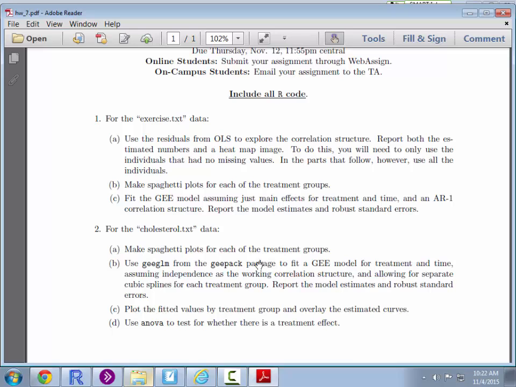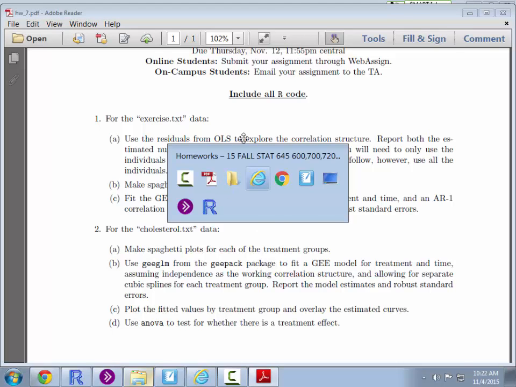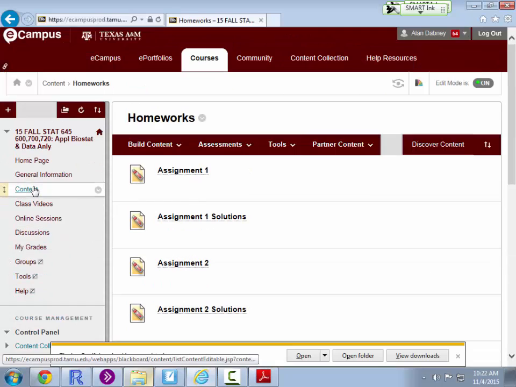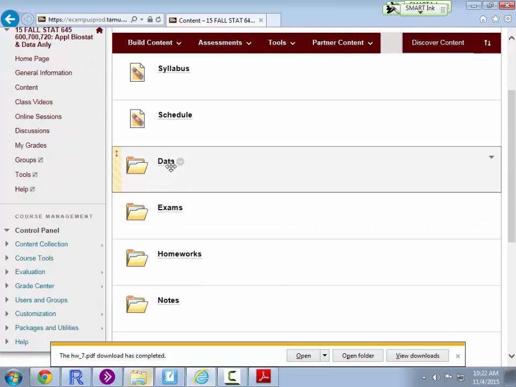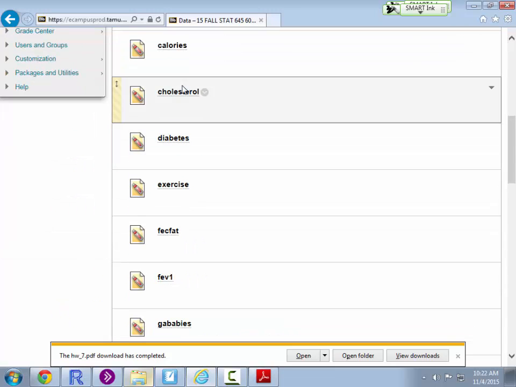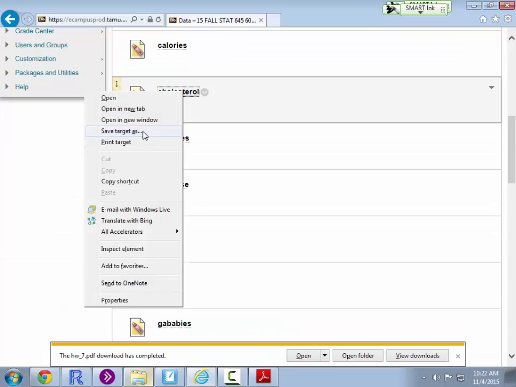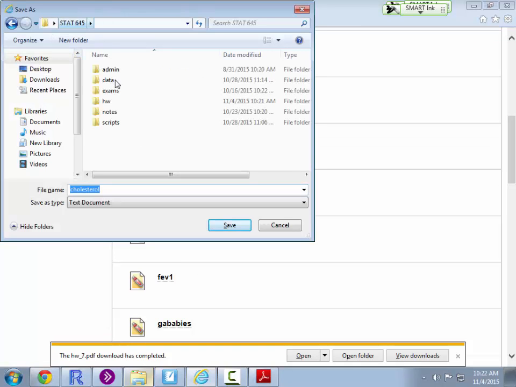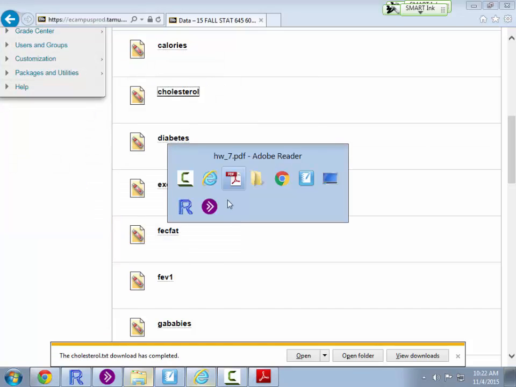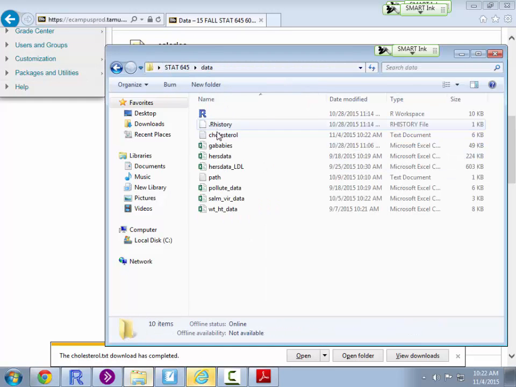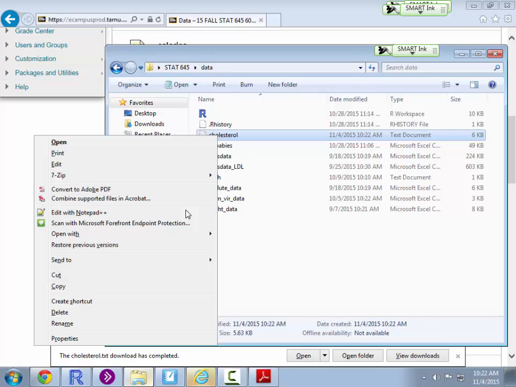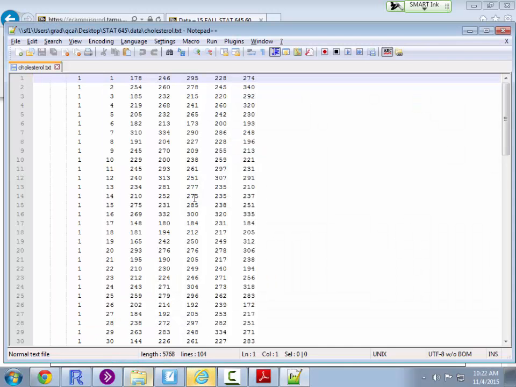For the cholesterol data, let me download them. Okay, so the first column is identifier.